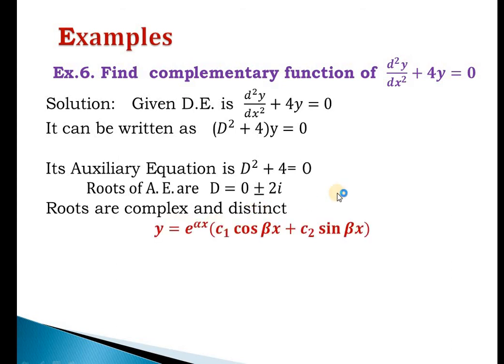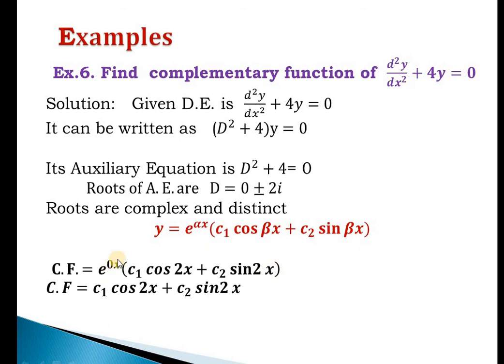Therefore, case 3: its CF is e raised to alpha x times (c1 cos beta x plus c2 sin beta x). Alpha is 0, beta is 2, and e to the 0 is 1. So it is c1 cos 2x plus c2 sin 2x.